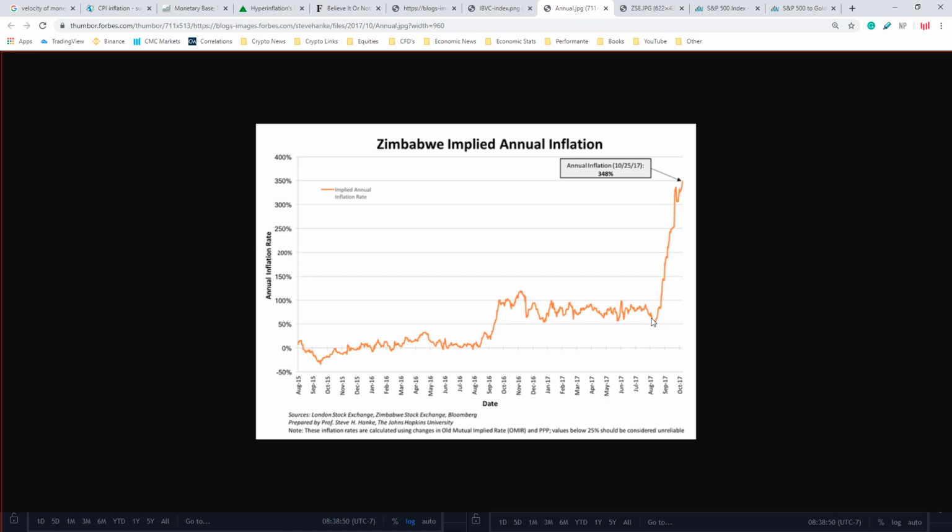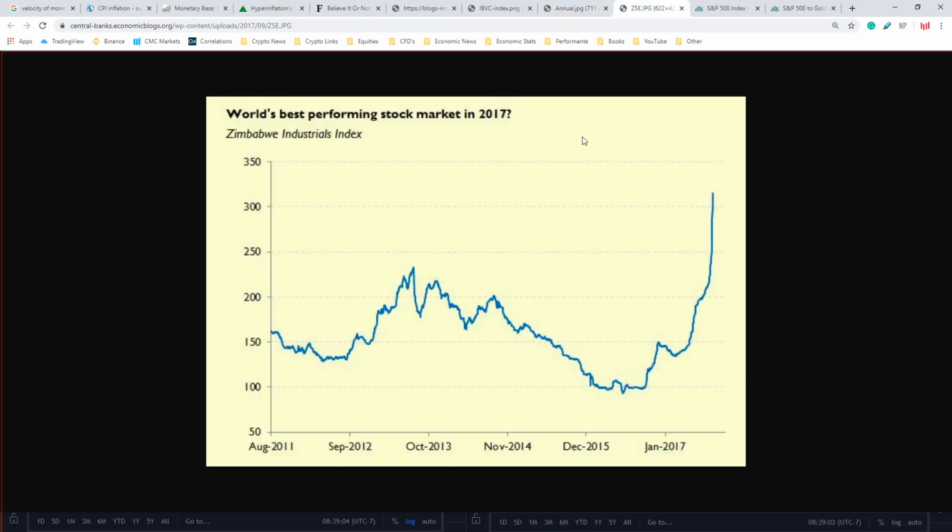And then in the later half of 2017, it absolutely skyrocketed because the currency that they're using was debased, meaning that the value is just cut and cut and cut and cut. And like we saw in Venezuela, Zimbabwe had the very same situation where, because the currency is going down in value so much, the stocks are going up because there's more units of currency that's needed to pay for that one share or that one stock.